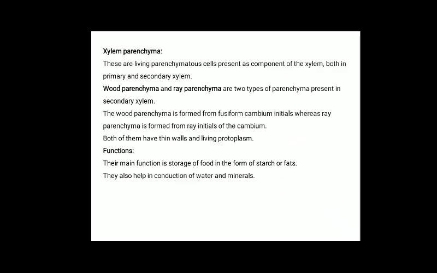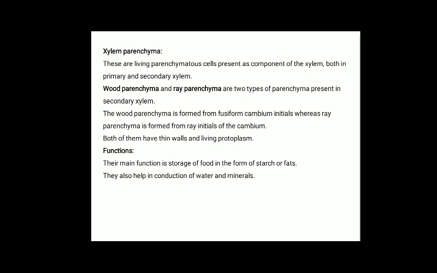Then xylem parenchyma. It is the only living component of xylem, both in primary and secondary xylem. Wood parenchyma and ray parenchyma are the two types of parenchyma present in secondary xylem. The wood parenchyma is formed from fusiform cambium initials, whereas the ray parenchyma is formed from ray initials of the cambium.